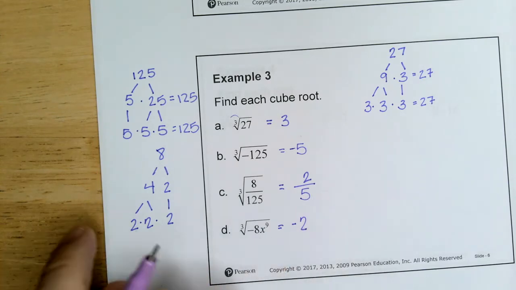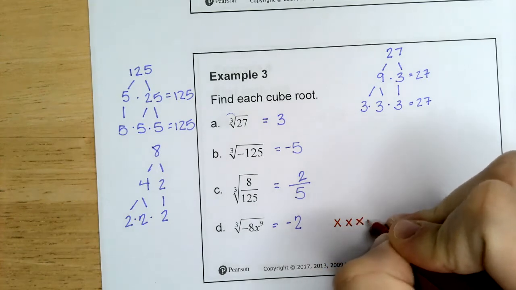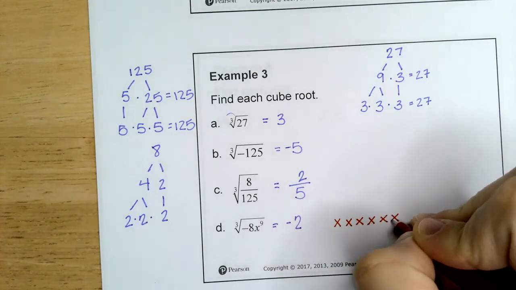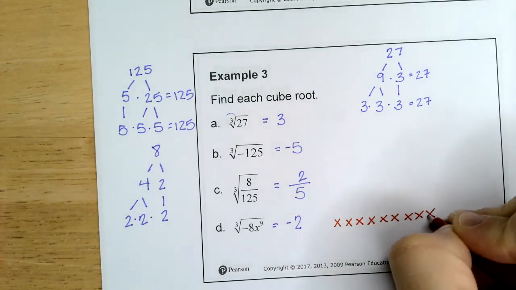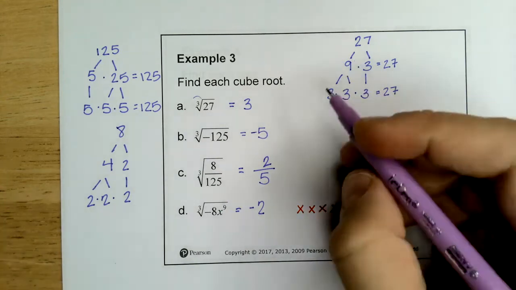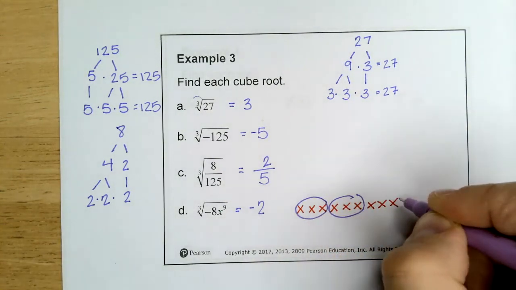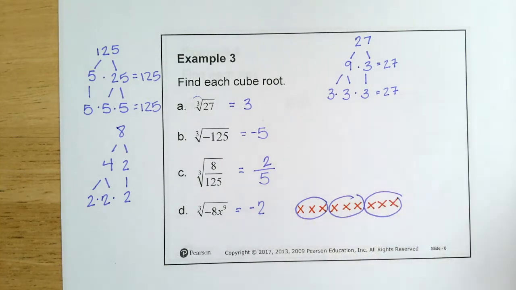And then x to the 9th. Let's do the x's again. That would be 9 x's. And instead of putting them in groups of 2, because it's the cube root, I want to put them in groups of 3. Out of the 9, I got 3 groups of 3.